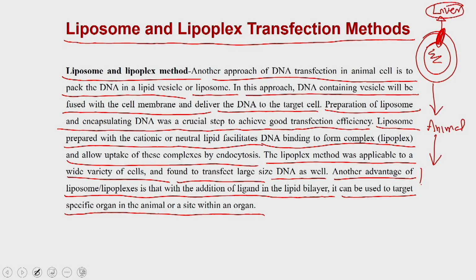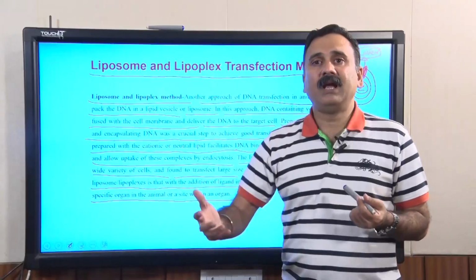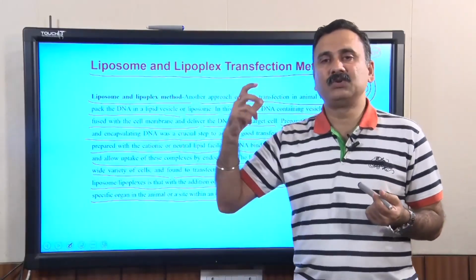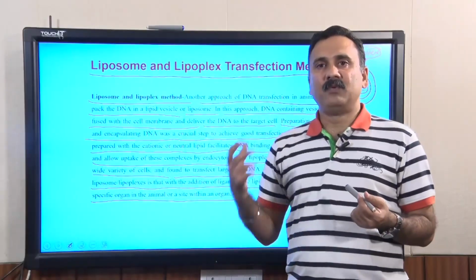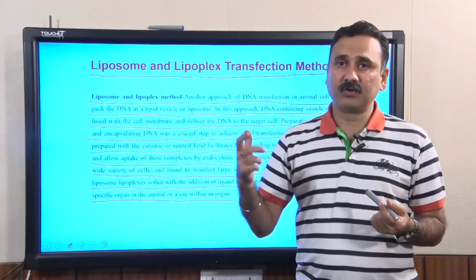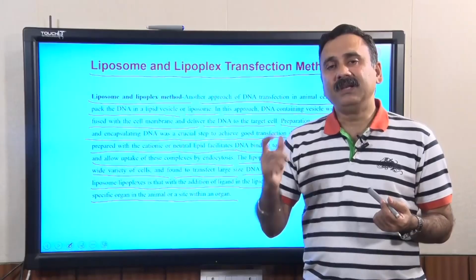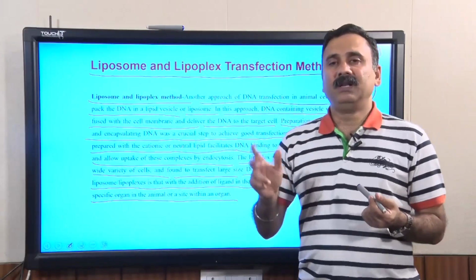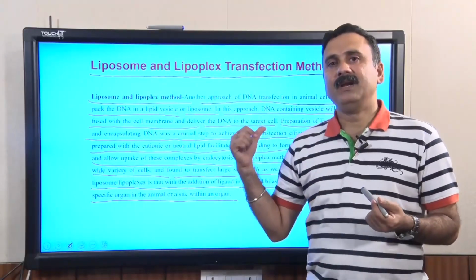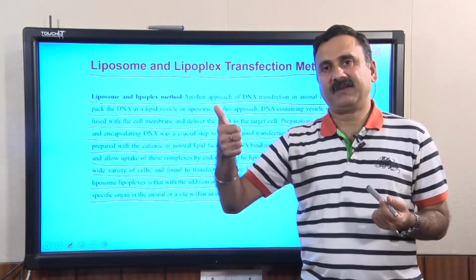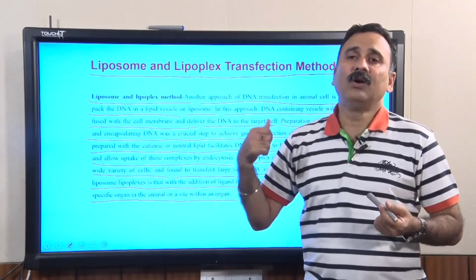Then it delivers the particular plasmid to the liver cell, and you can express the protein encoded by this plasmid. That is how you can re-engineer the lipoplexes or liposome vesicles to facilitate targeted delivery of your recombinant DNA to specific cells within the organ or the animal.